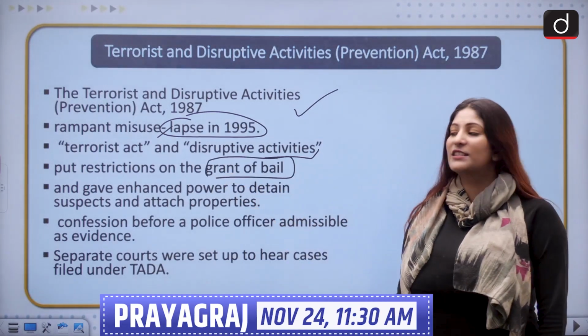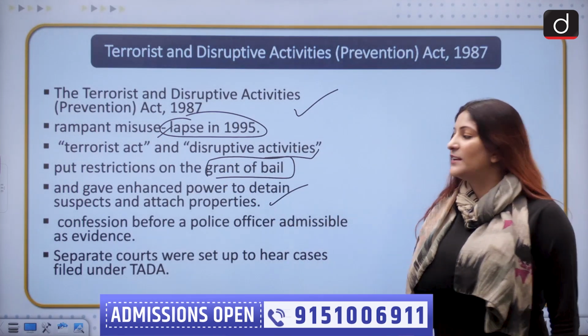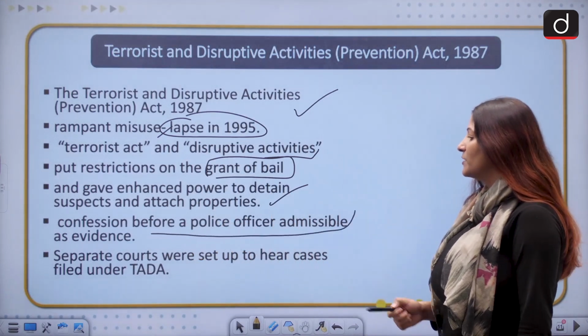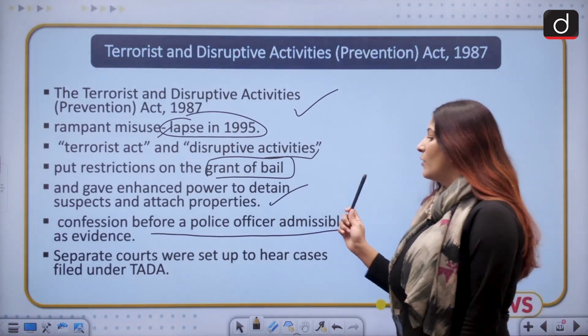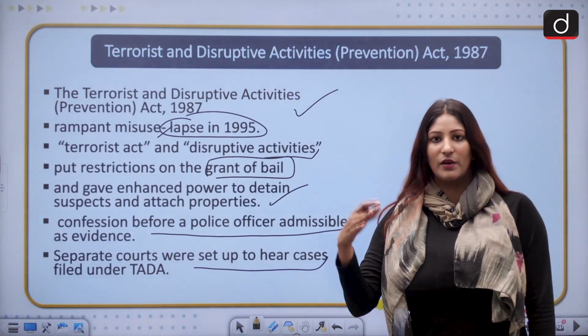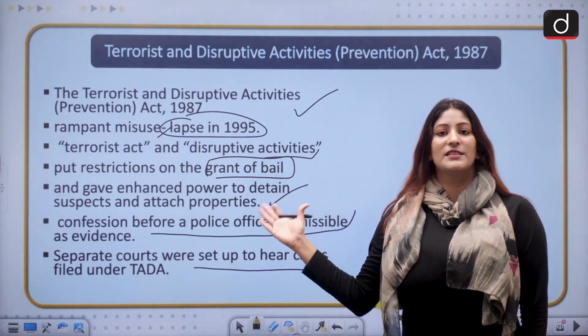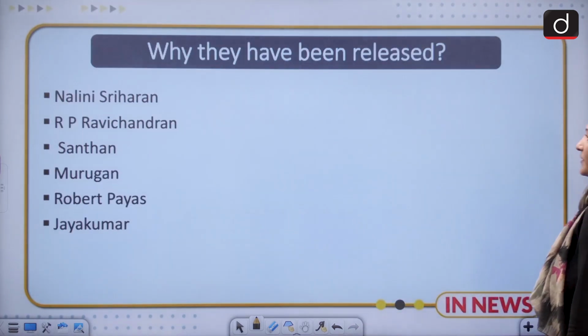It gave enhanced power to detain, suspect and attach properties, and it also ensured that the confession of any person before a police officer is admissible as evidence. Also, separate courts were set up to hear cases filed under TADA, much like what UAPA is right now. It is coming under fire for similar reasons; TADA was also under fire and it lapsed.